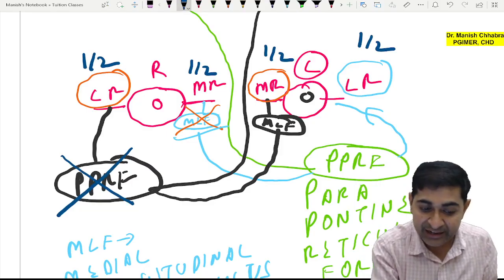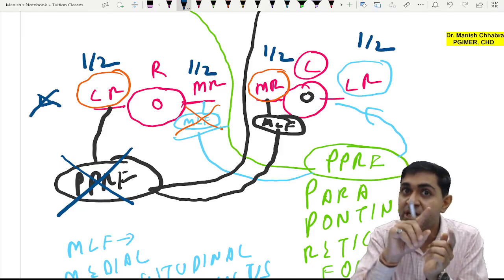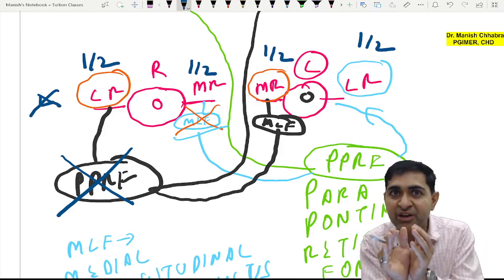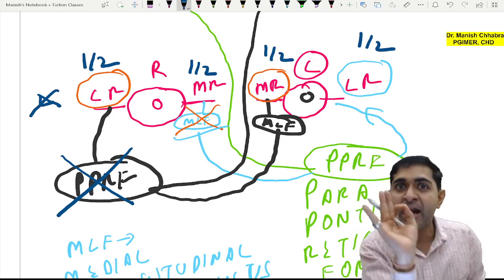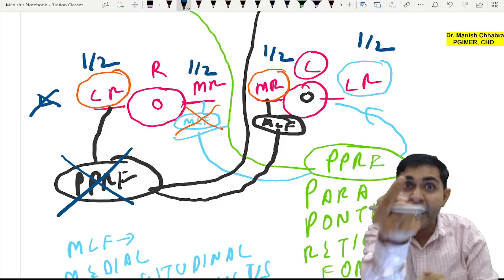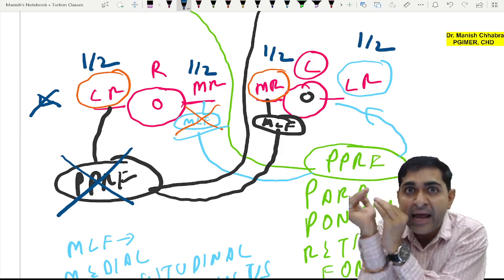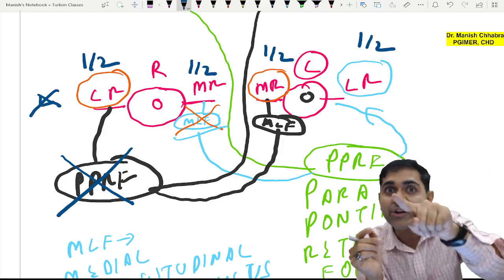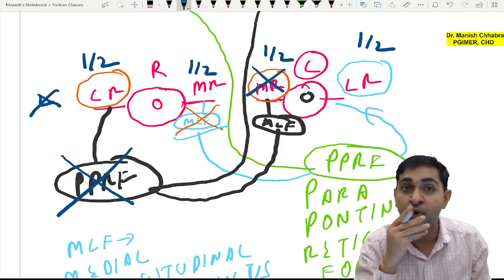It will be the lateral rectus, which is gone because the parapontine reticular formation is supplying the ipsilateral lateral rectus. Due to the medial longitudinal fasciculus, the right sided MR is gone, but the parapontine reticular formation was also supplying the left medial rectus via the medial longitudinal fasciculus. But when there is involvement of the parapontine reticular formation, how is it going to send the signal for the contraction of the left medial rectus? So this will also be gone.